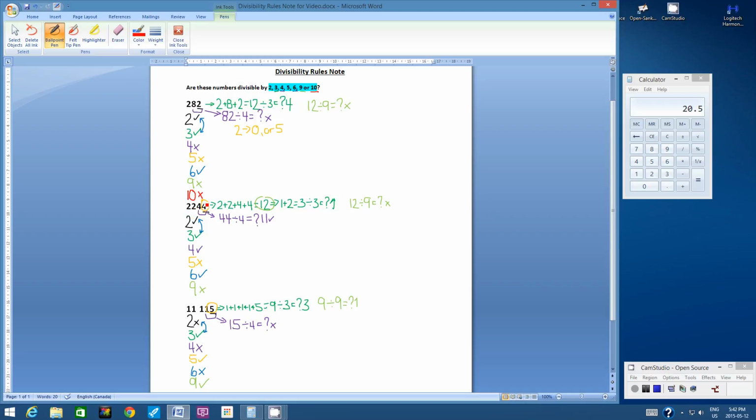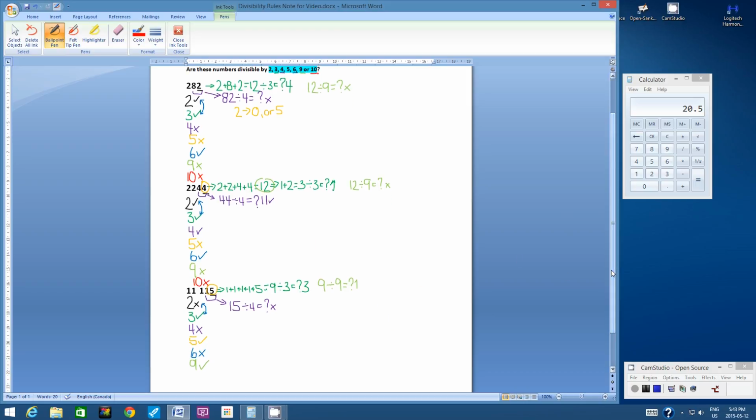Is the ones column a 0? No, it is not. So 10 will not work either. And finally, the last example, 11,115. The digit in the ones column is not a 0. So we know that 10 does not divide equally into that number.